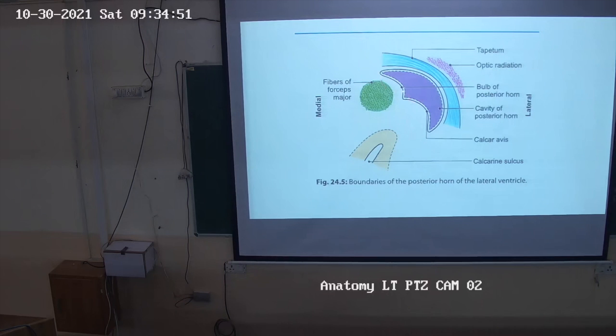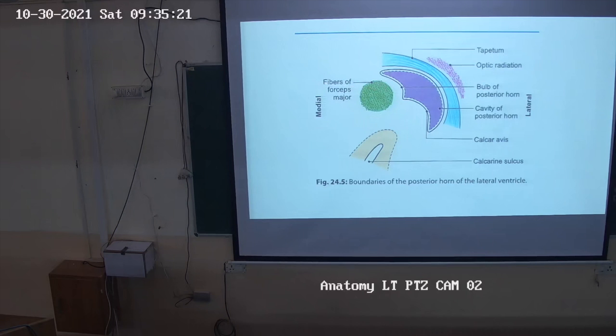Okay, now look here, its medial wall is very important. The medial wall of the posterior horn shows two bulges. The upper one is called the bulb of the posterior horn, and the lower part is the calcar avis.